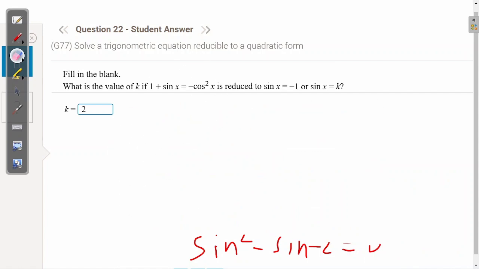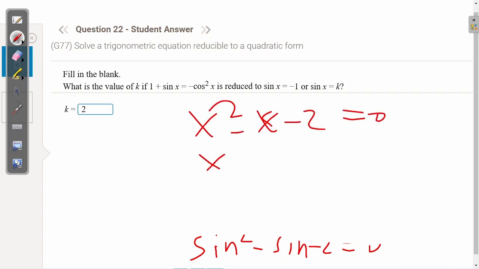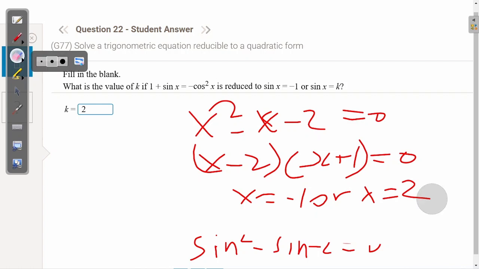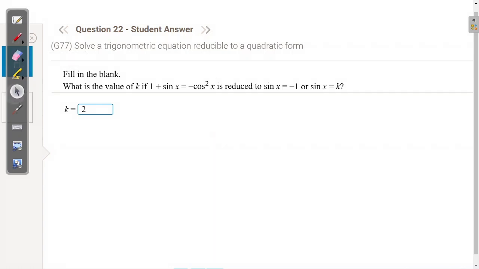It's the same thing as x squared minus x minus 2 equals 0. So you can factor this, x minus 2, x plus 1 equals 0. So x equals negative 1 or x equals 2. They put negative 1, so just x equals 2.